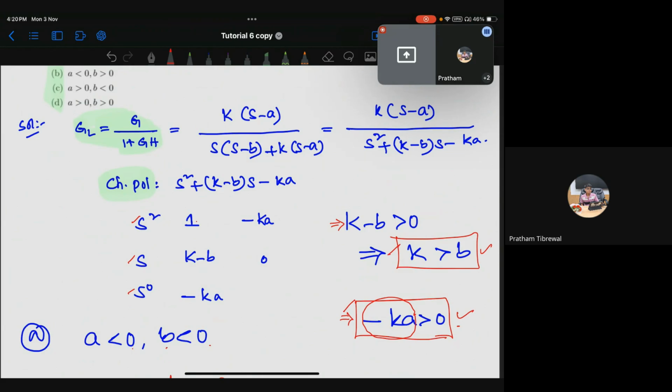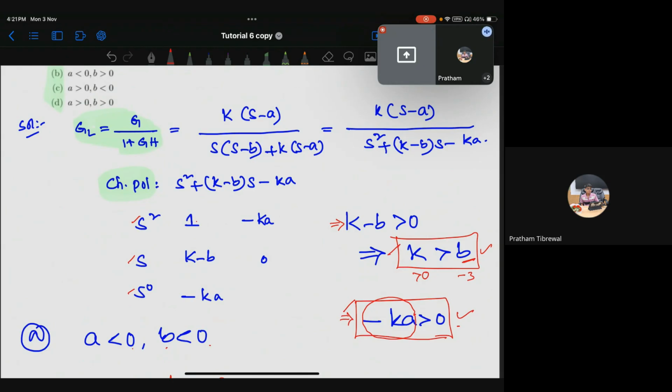If a is negative, only if k is positive does the total term become positive, k greater than 0. That is the first thing. When b is negative, if I take k negative, that's not possible. So I must take k positive. If I take b equal to minus 3, if k is any value greater than 0, this condition is satisfied, correct?